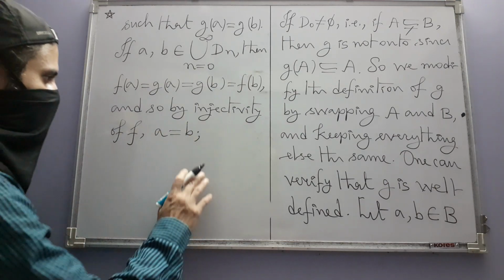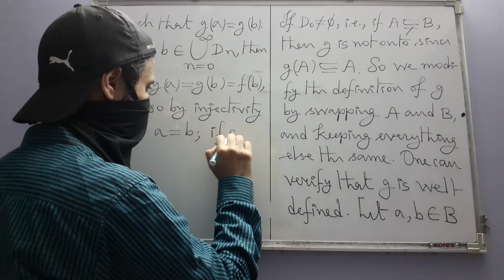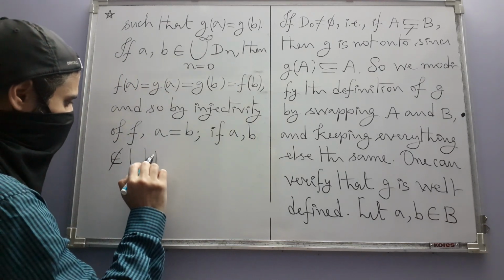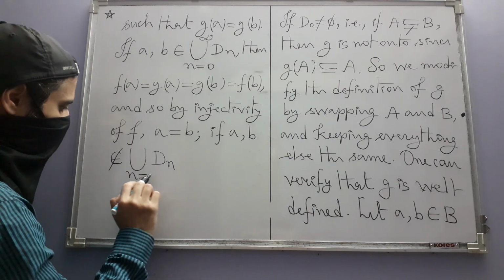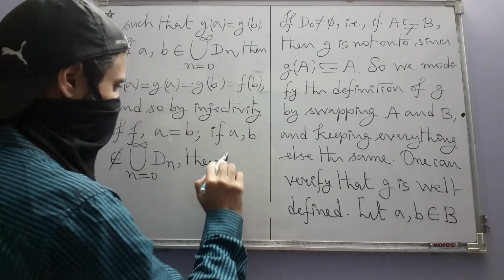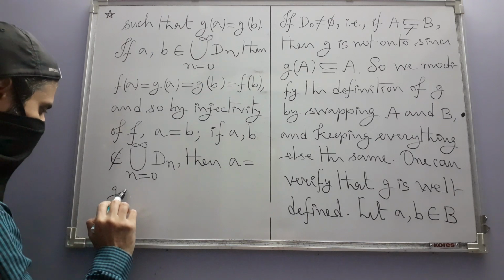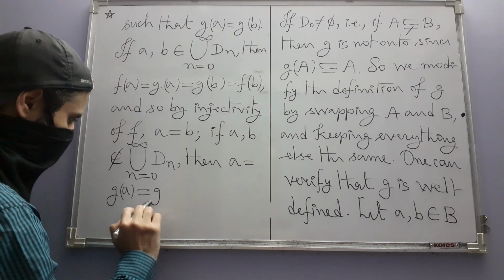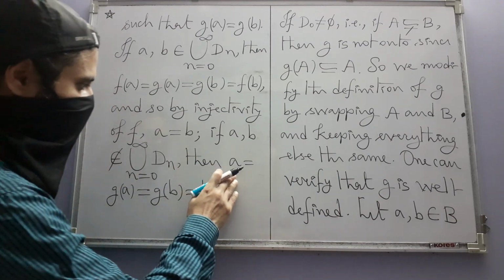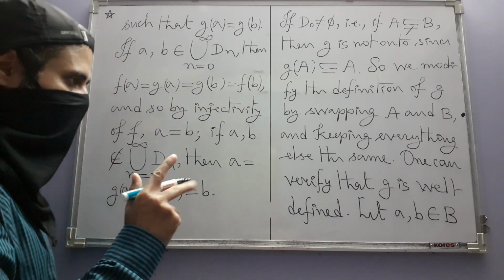And there is another case. Actually there are others, but this is another case. If both A and B are not in this union, then G of A is just A and G of B is just B. So here we get more directly and quicker than that case that A is equal to B. But there are two other cases also.